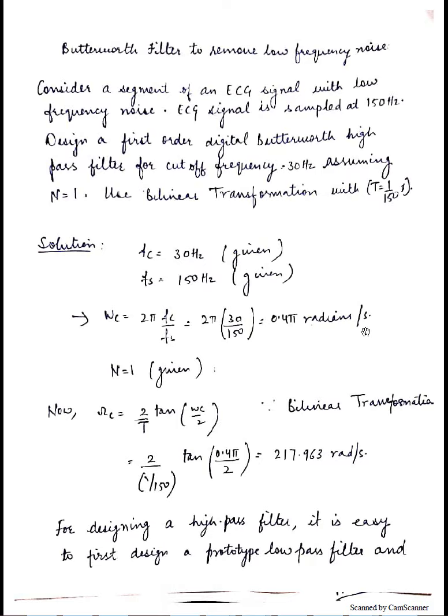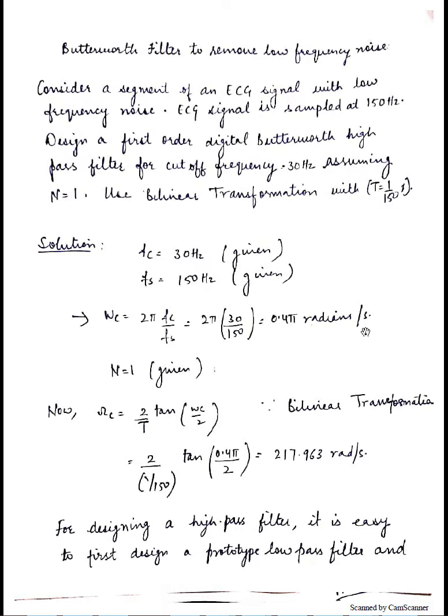Now we have to take the corresponding frequency in the analog domain, and because it is mentioned that we have to use bilinear transformation, we know the formula, that is 2 by T tangent of omega c divided by 2, where the value of omega c is 0.4 pi, and the value of capital T is 1 by 150.